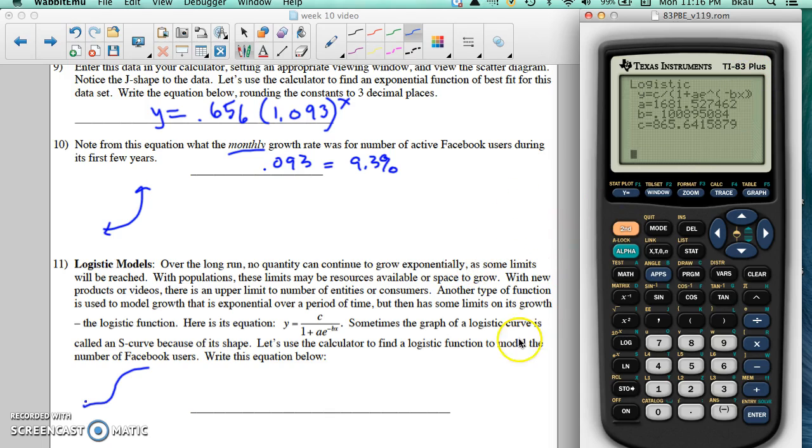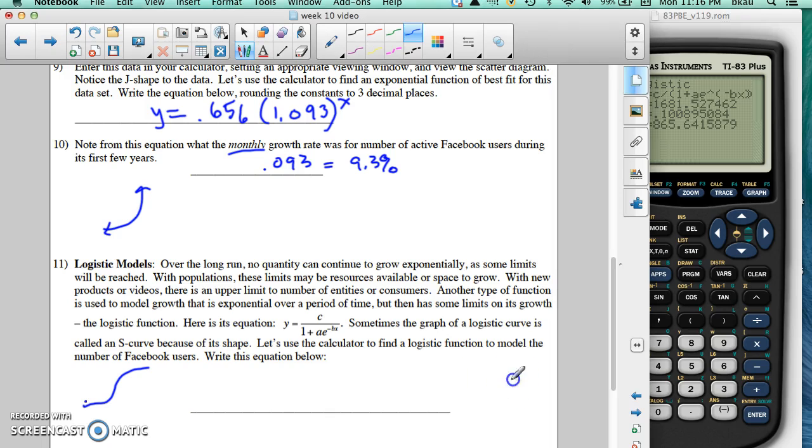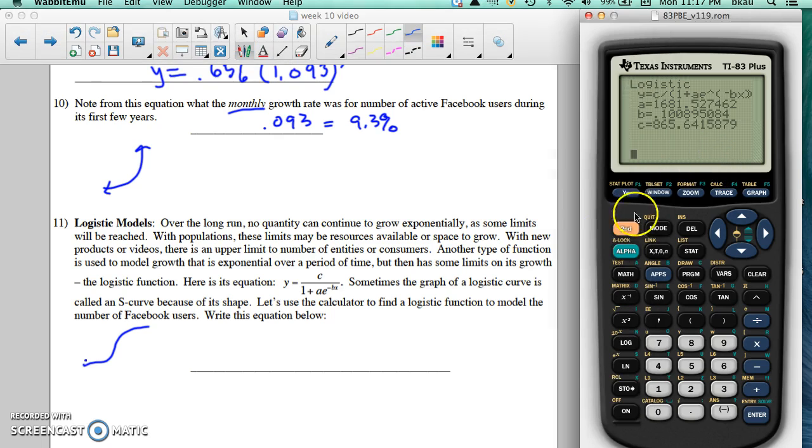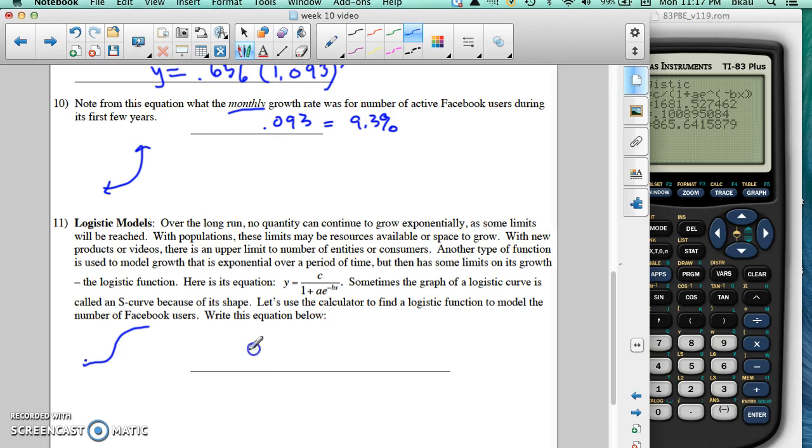All right, it's found it for us. It gave us all the values, C, A, and negative B here. So there they are, A, B, and C. So I'm going to write those in the equation, which is what I see here.